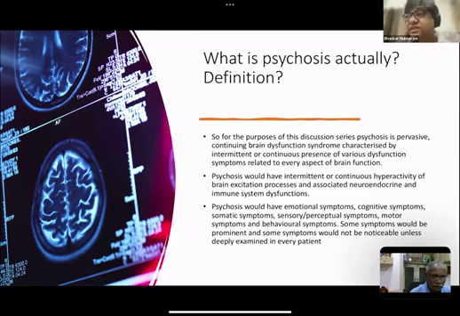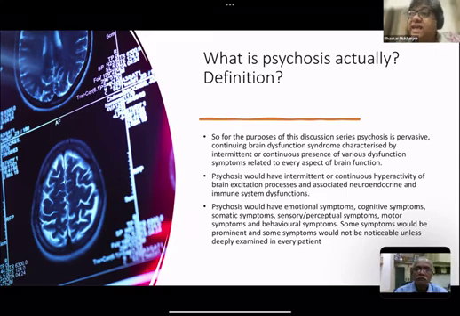So for the purpose of this discussion series, psychosis would be defined as a pervasive continuing brain dysfunction syndrome, characterized by intermittent or continuous presence of various symptoms related to every brain function. It would have intermittent or continuous hyperactivity of brain excitation processes and associated neuroendocrine and immune system dysfunction.